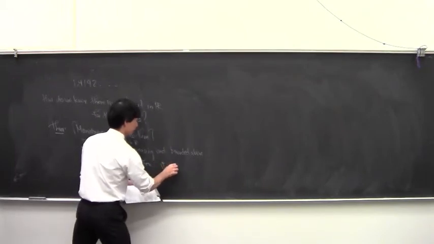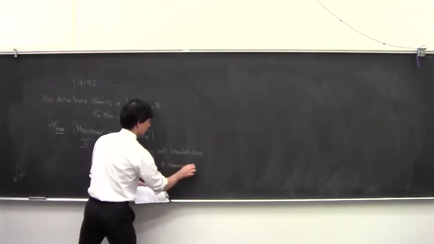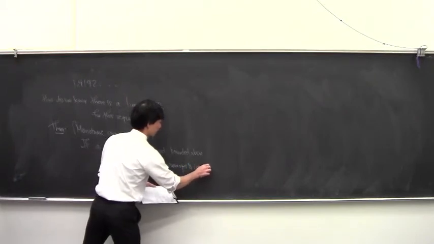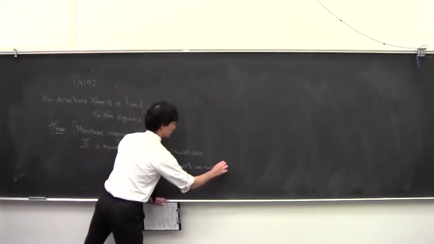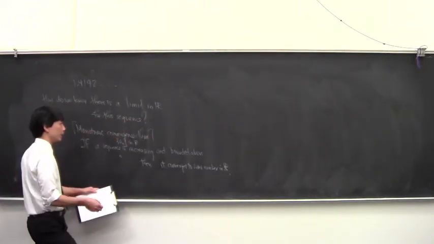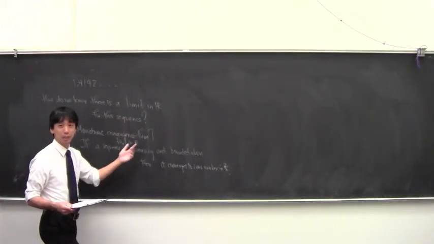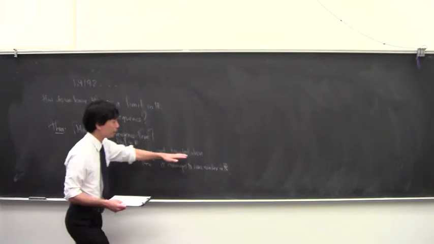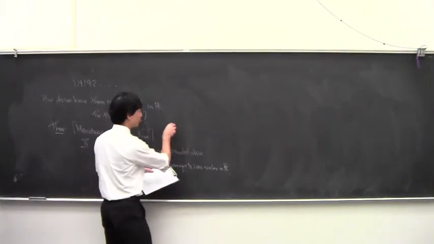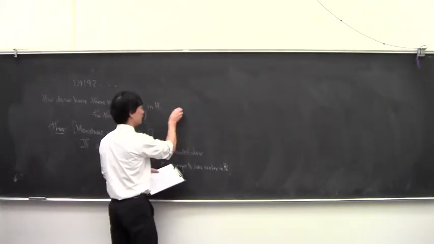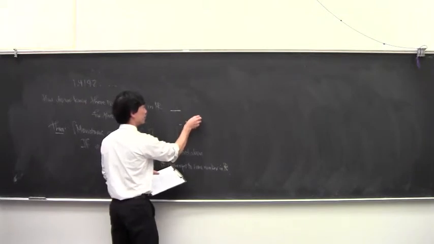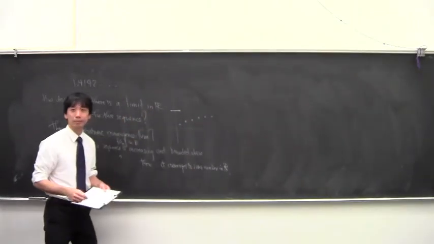It converges to some number in R. Similarly, if it's decreasing and bounded below. When I say bounded above, what I mean is that there's a number where all the values of the sequence are less than that number.